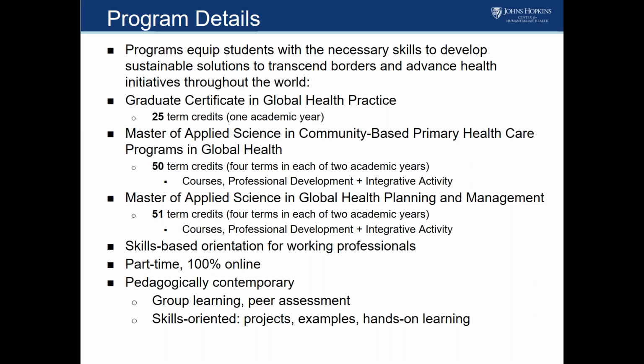So we do have two masters branching off after the certificate program. One is in community-based primary health care, and this has altogether, counting the first 2 years, 50 term credits, and then we have our Master of Applied Science in Global Health Planning and Management.